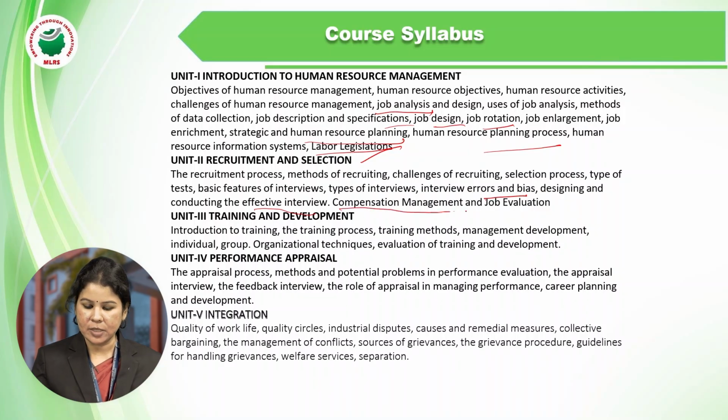We also discuss the other operative function, compensation management and evaluation, where we discuss job evaluation, wages, the difference between wages and salaries, and fringe benefits. We have exclusive fringe benefits given to the employees like DA allowances, medical allowances, canteen allowances and so on. All these fringe benefits we are going to discuss in compensation management.